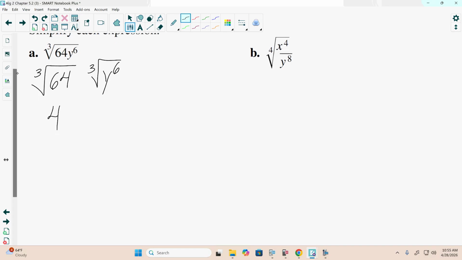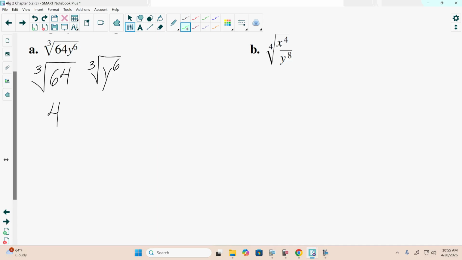Now the question is about the cube root of y to the 6th. One of the ways we simplified these here was the nth root of a to the x is equal to a to the x over n. So for our y term, y we'd still have it as our a. In the fraction, the index, the root we're taking goes on bottom.